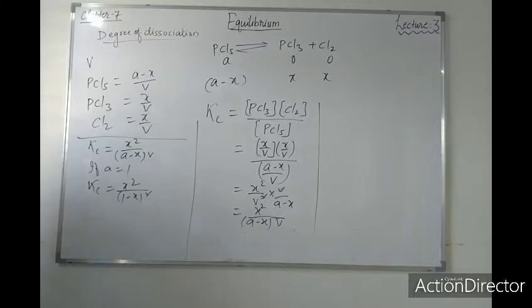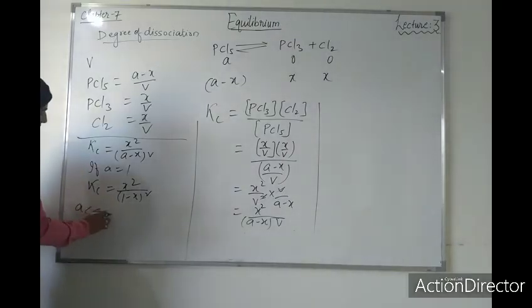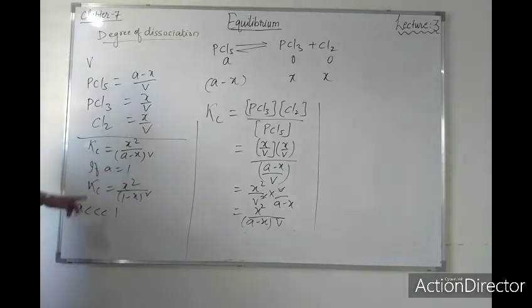This will be the value of the equilibrium constant. But if x is less than 1, then 1 minus x is equal to 1, right?